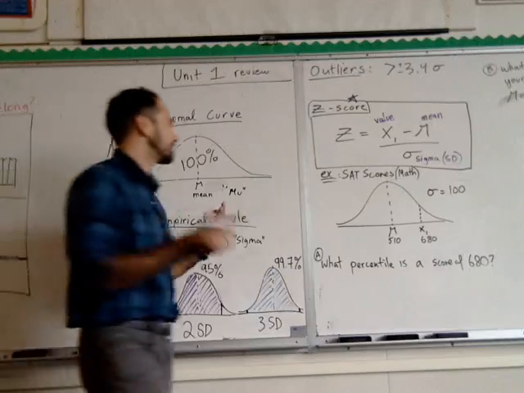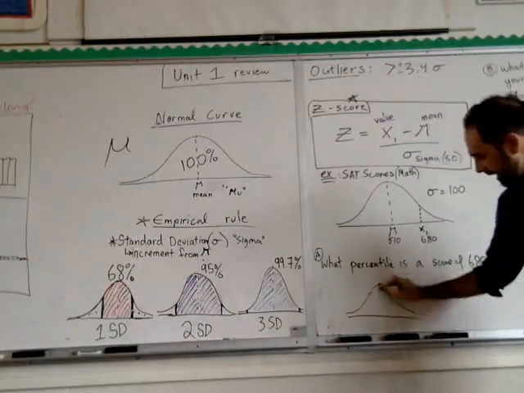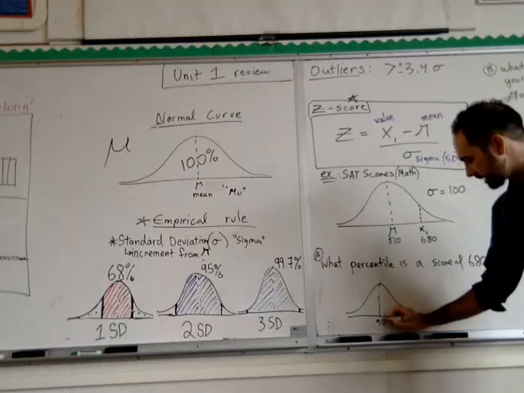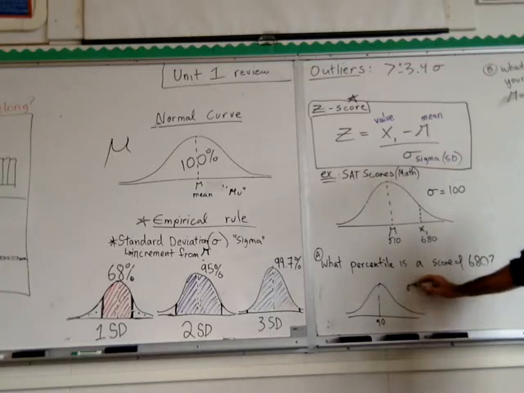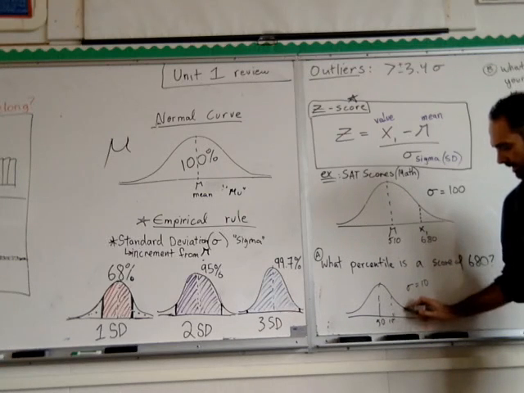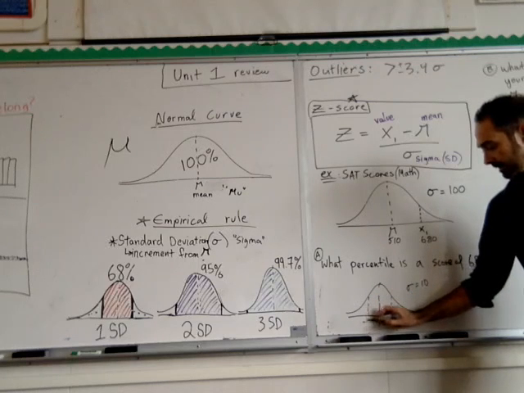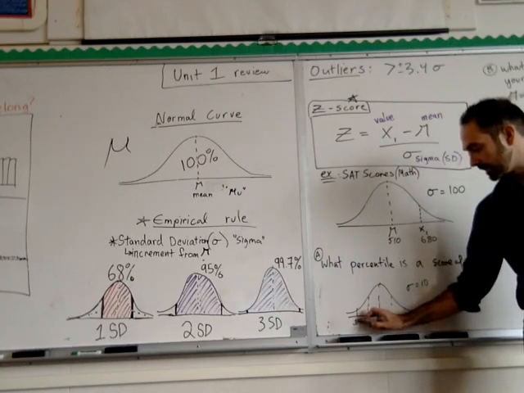Okay, so I'll just write an example over here. If I have right here, 50 is my mu, and our standard deviation is 10. What values am I going to have here at 1 standard deviation, 2 standard deviations, -1 standard deviation, -2 standard deviations?